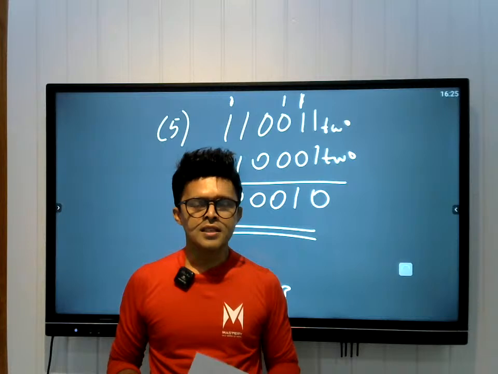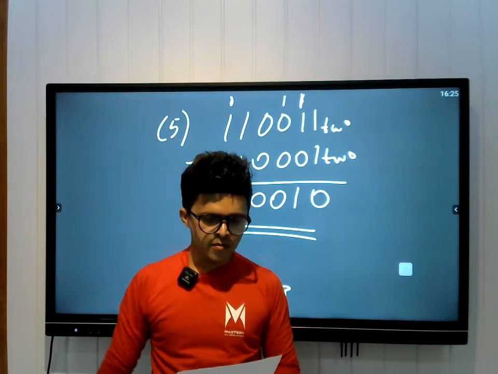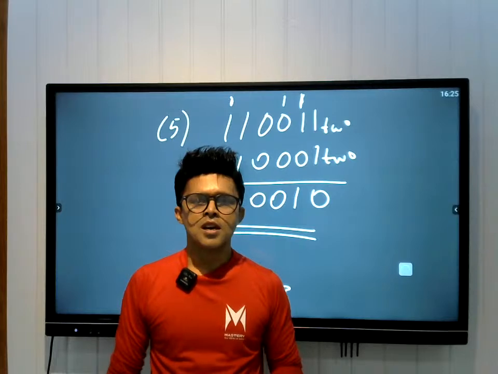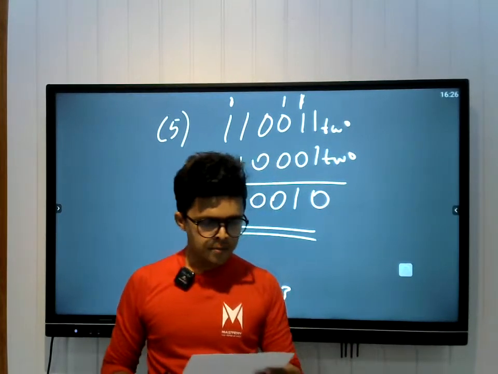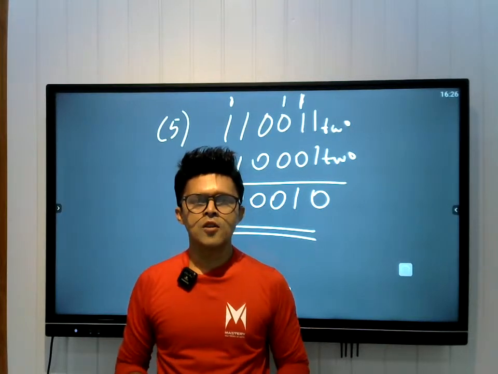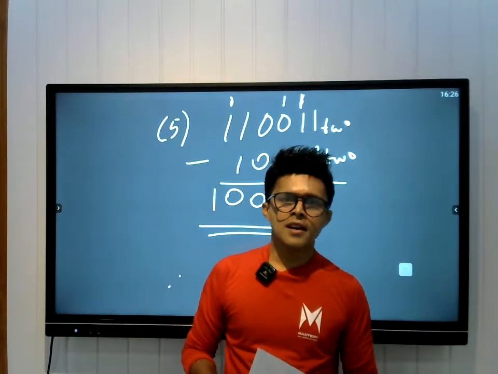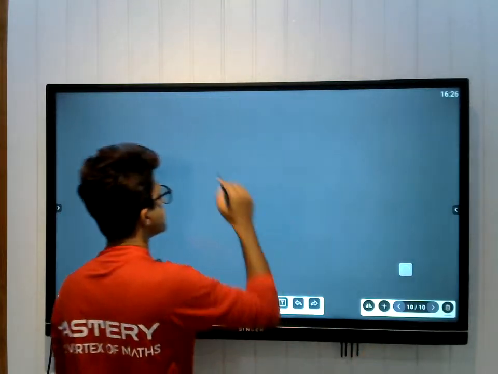The sixth question says that 1/5 of a certain amount of money is 300 rupees. You have to find the full amount.